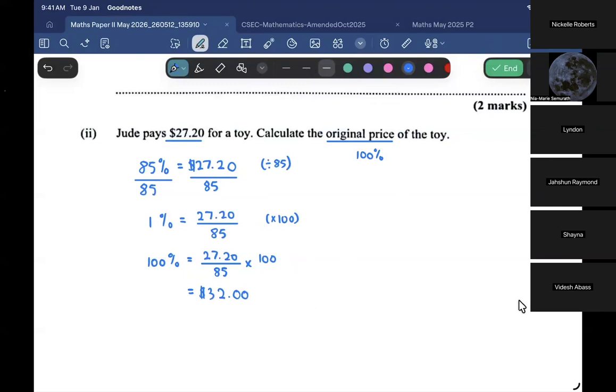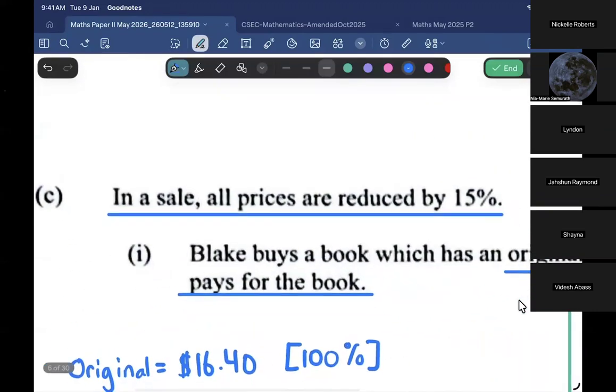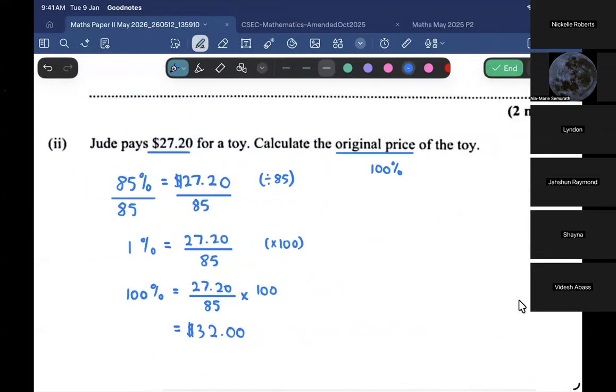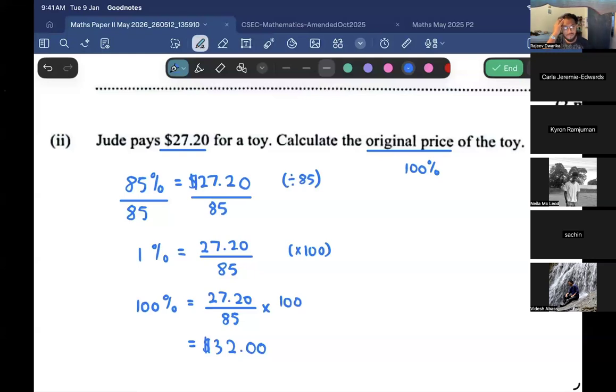Nia, you think you can explain it? I think so. In the first question, they said all prices are reduced by 15%. In a full percent, there's 100. So if it's reduced, you have to minus 15%, which would be 85. In this case, Jude pays 27.20 for a toy. Calculate the original price of the toy.